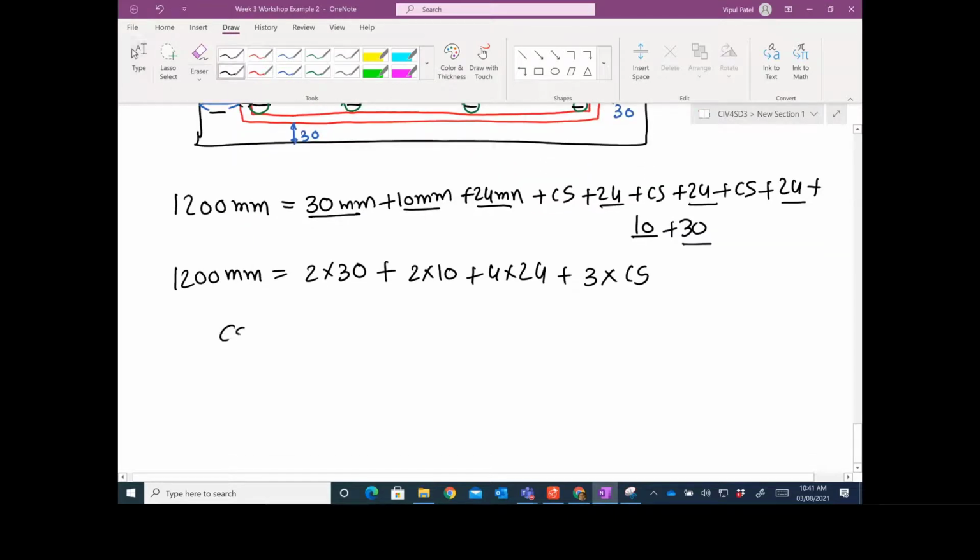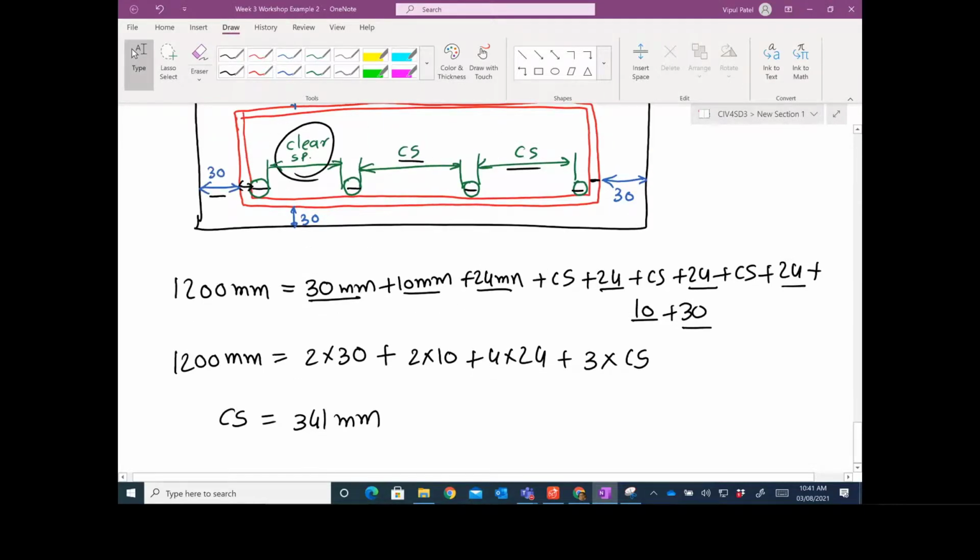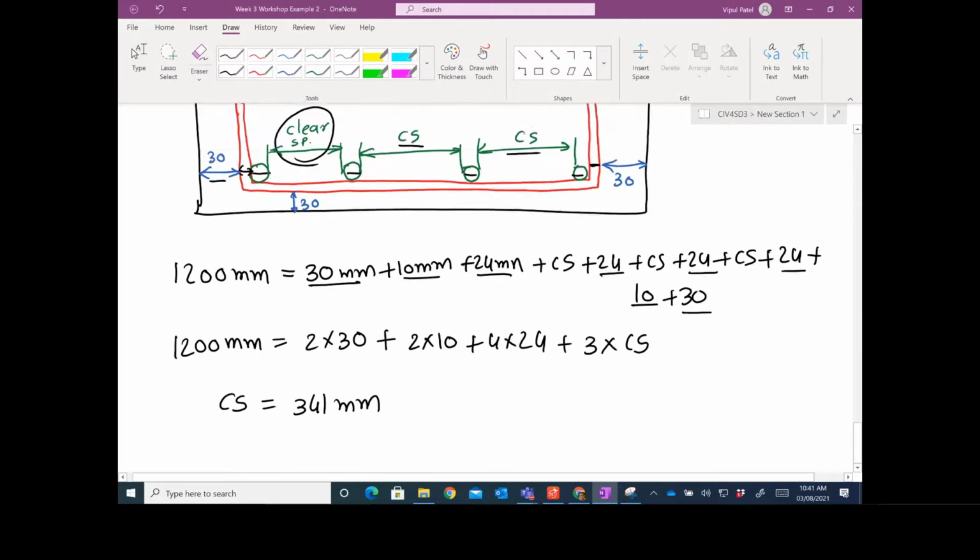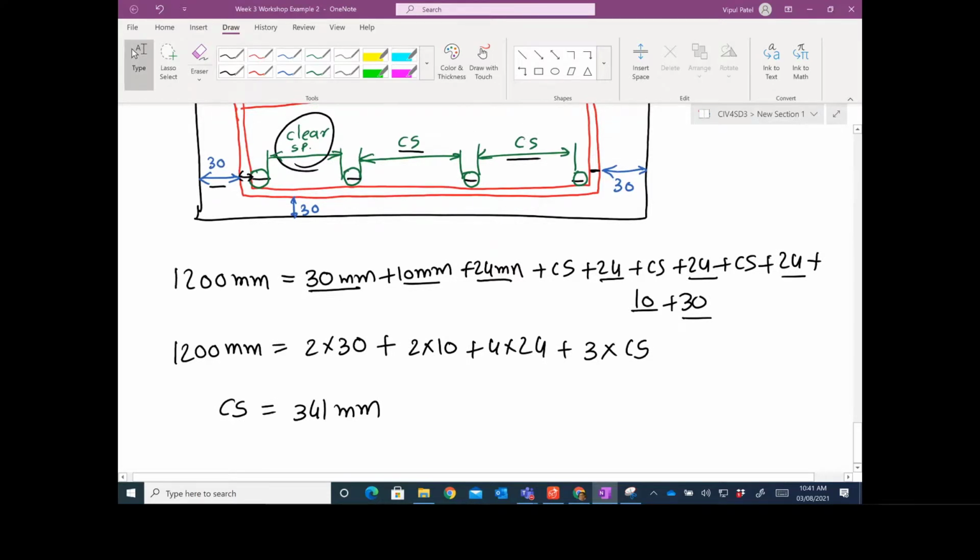If you simplify that, clear spacing would be 341 millimeters. So in your drawing, you will specify to your builders that you have 341 millimeters of spacing.